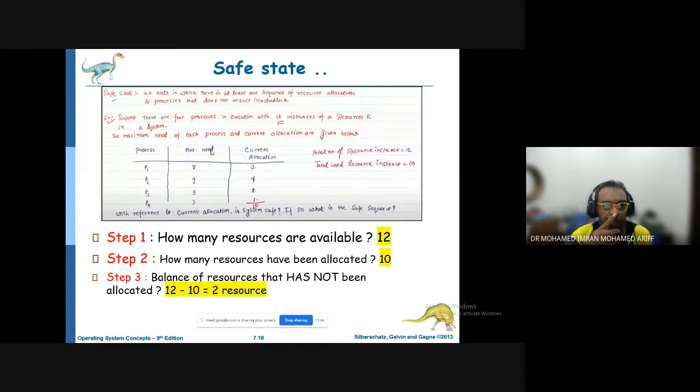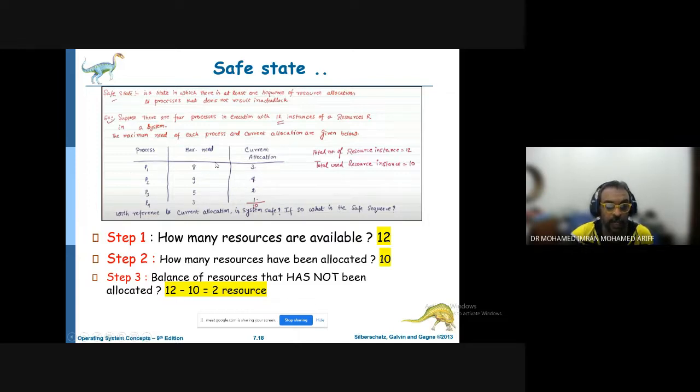So now let's answer the question. With reference to the current allocation, is it in a safe state? A safe state is a sequence of resource allocation to processes that does not result in a deadlock. So the question is asking, is this a deadlock situation? Yes or no?